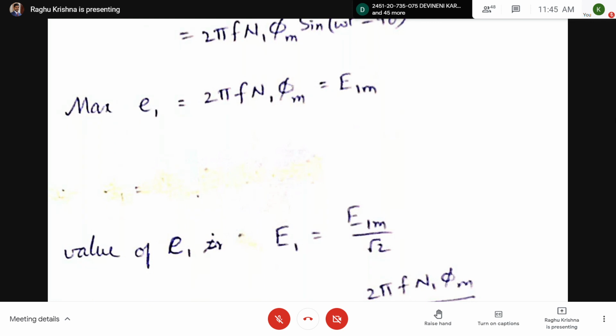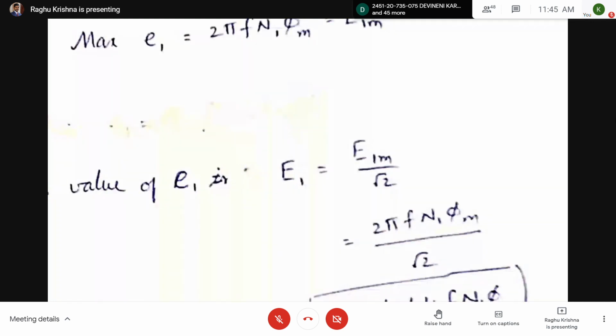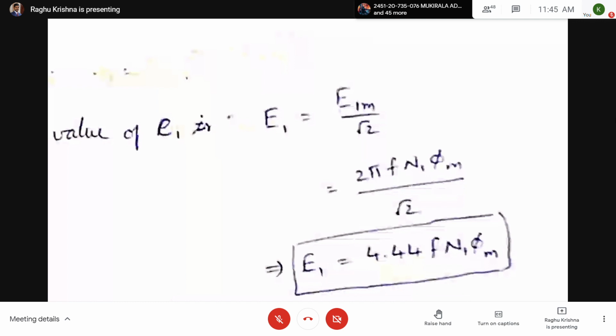Here E1m means the maximum value of induced EMF in the primary winding; 1 represents the primary winding. So you are going to get 2πf N1 Φm by root 2 as the RMS value of induced EMF in the primary.